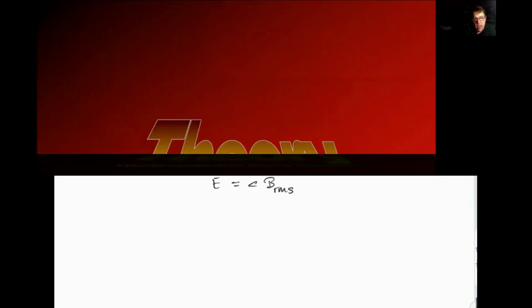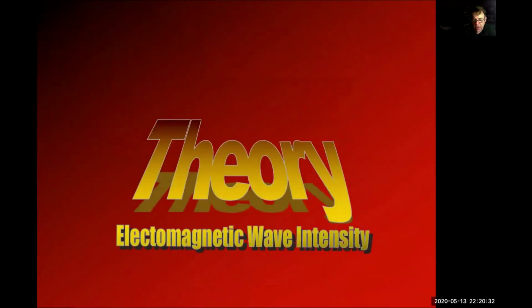So, the amount of energy that the light carries per second is known as power. And the amount of energy that the light carries per second passing a region, some kind of a surface, is known as intensity.